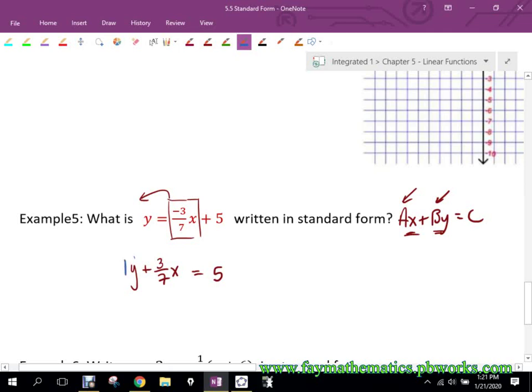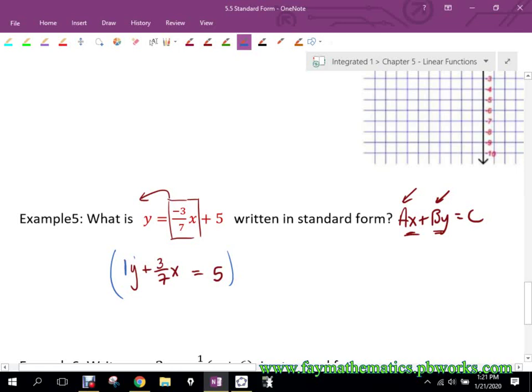What do I need to multiply everything by so this fraction of 3/7 goes away? If I multiply by 3/7, it's going to be 3/7 here on this y then. It would go away here, give me 9/7 here, but give me a fraction here as well.